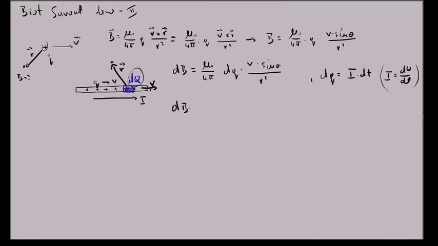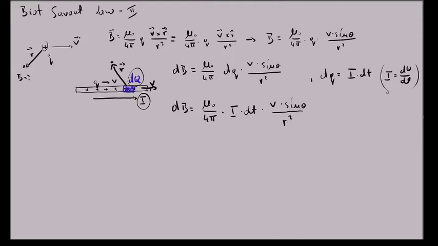And so dB equals mu naught over 4 pi times, instead of dq, I'm going to have I, the current I, times dt times v times the sine of the angle theta divided by r squared.